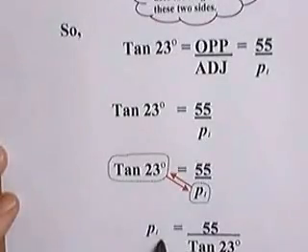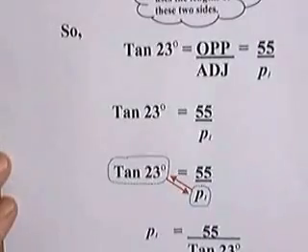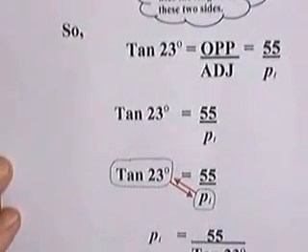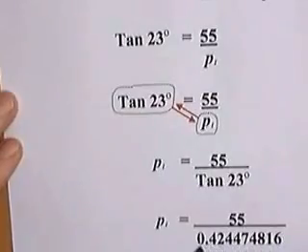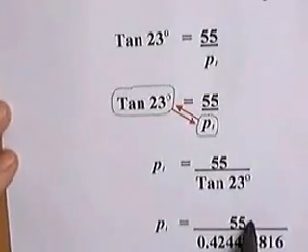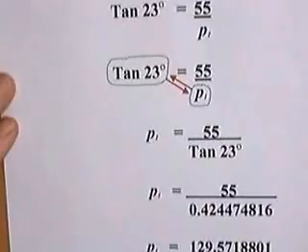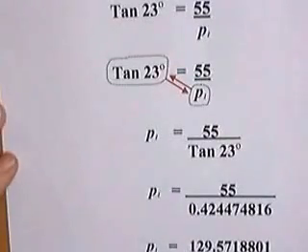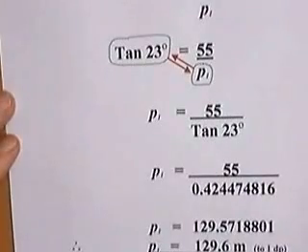Now, how do we solve this? Well, it's very straightforward now. We have to find the tan of 23 degrees using our calculator, and that will give us this long decimal here, and we divide that long decimal into 55. We get that long decimal here, and when we round it to one decimal place, we get 129.6 meters.